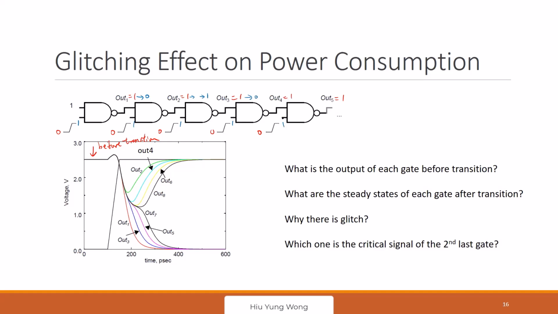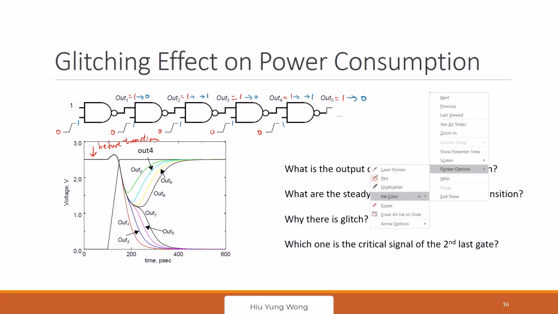If this is 1, 0, then this one should stay at 1 eventually. Make sense? And if this is 1, then this is 0. Correct? That is the ideal case.